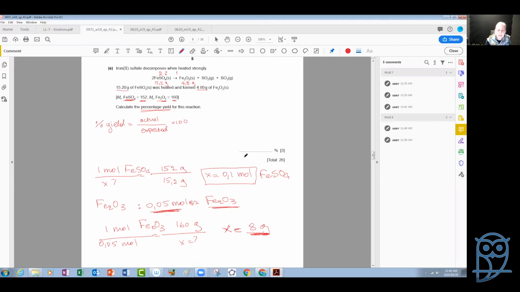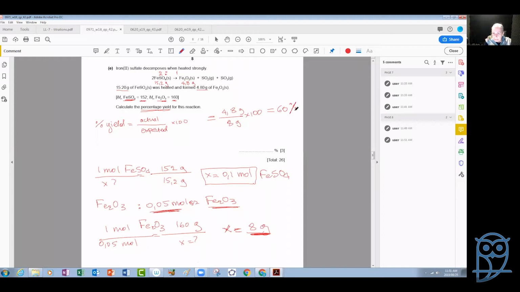So let us use these values and find the percentage yield. The actual mass that we got is 4.8 grams, and the expected mass in theory is 8 grams, times 100. 4.8 divided by 8 is 60%.